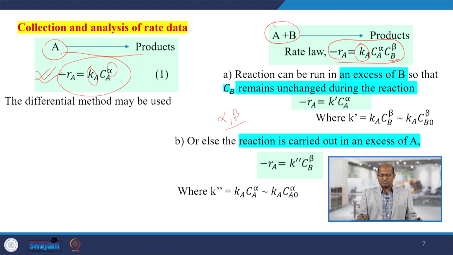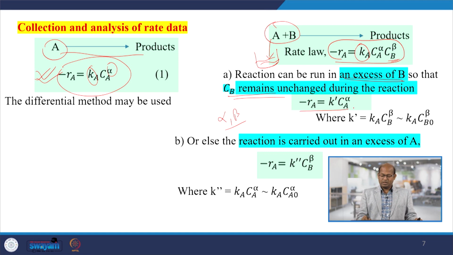If B, the other reactant, is used in excess amount, then its concentration remains unchanged during the reaction, and only the amount of A is charged inside the reactor. Then the reaction will proceed and be completed.